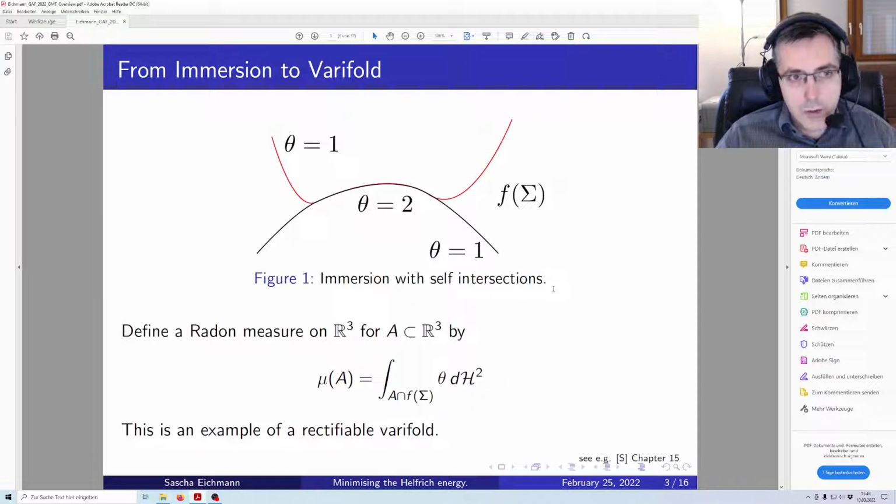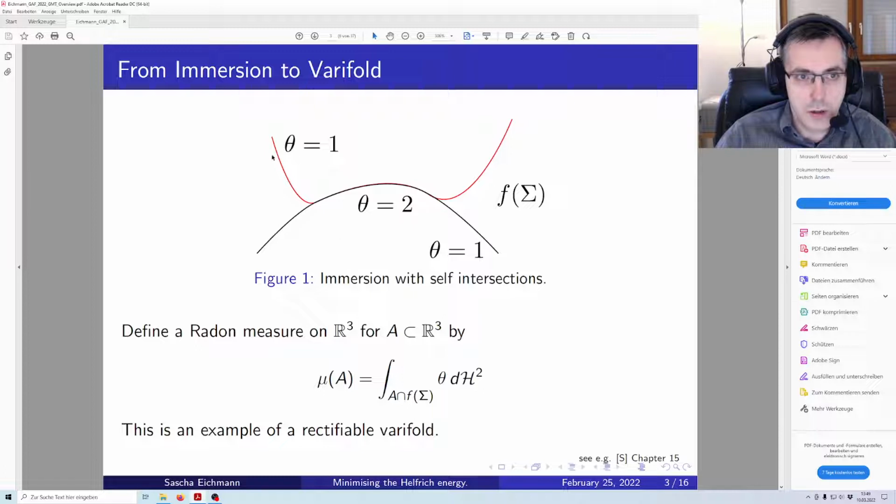The first thing is, how do we get from an immersion to a varifold or a Radon measure? A varifold is essentially a Radon measure. I will explain what it is precisely later in this talk, but for now, just the basic idea. An immersion itself can have self-intersections.